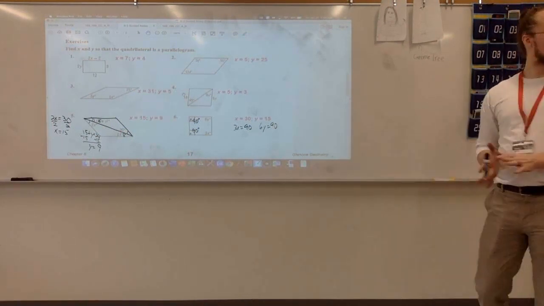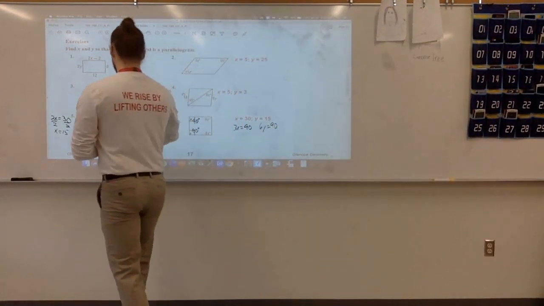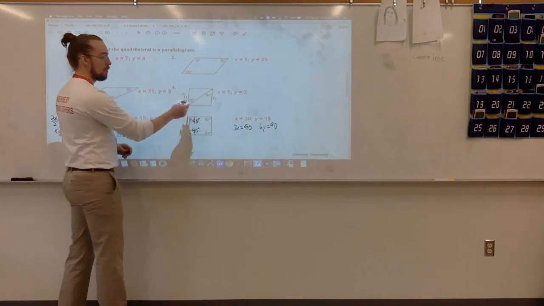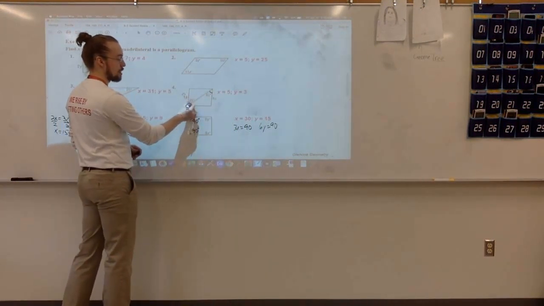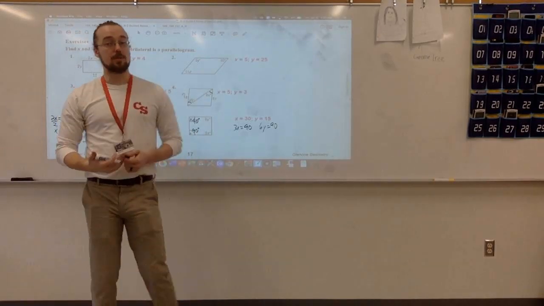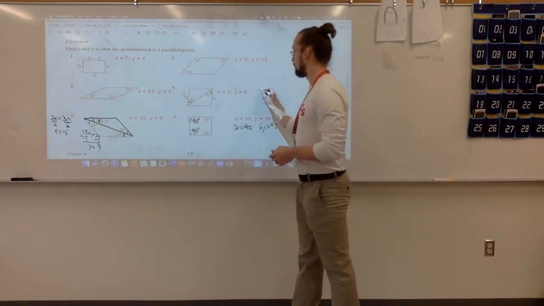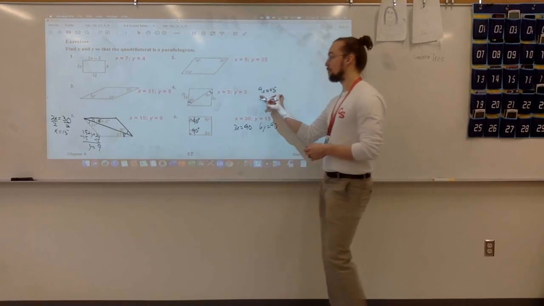Other 4. So 4 was kind of similar to 5 if we look at x first. I'm given that this angle is 9x, this angle is 45. So those are alternate interior angles. In this parallelogram, those will be equal to each other. So 9x equals 45.